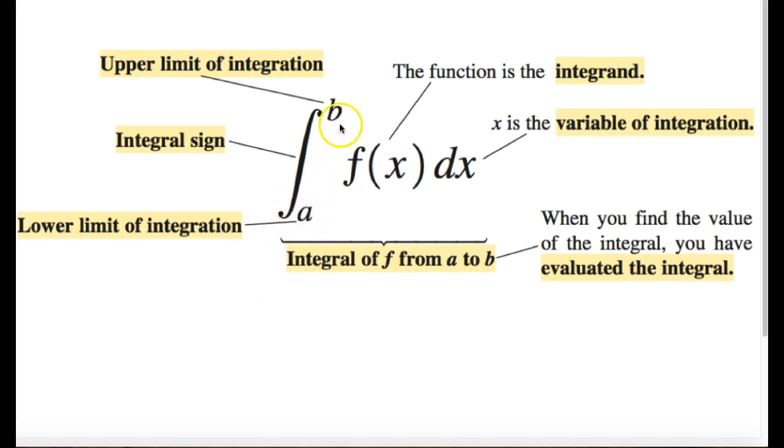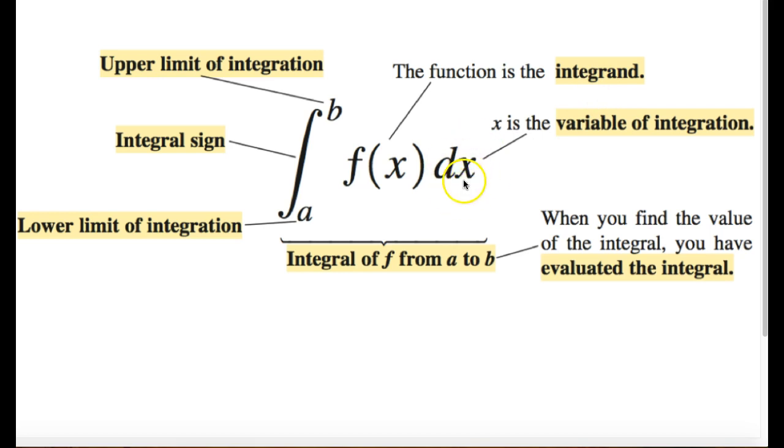If we are evaluating a definite integral, that means we're finding the area under the curve, starting at this x value and ending at this x value. Those are called the lower limit and upper limit of integration. The actual function that we're finding the area under is called the integrand.